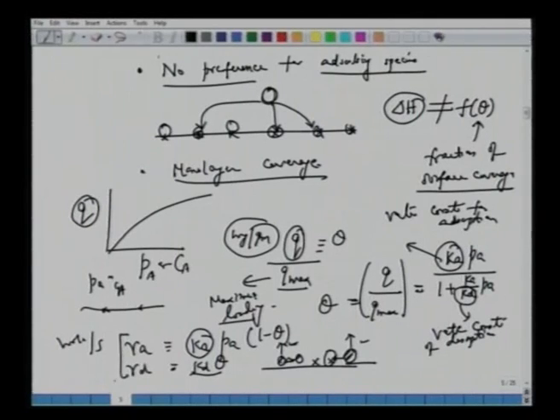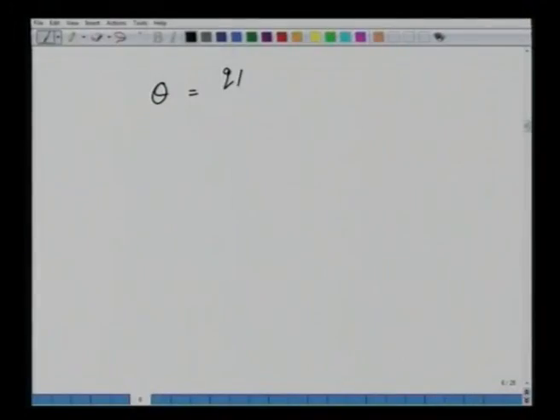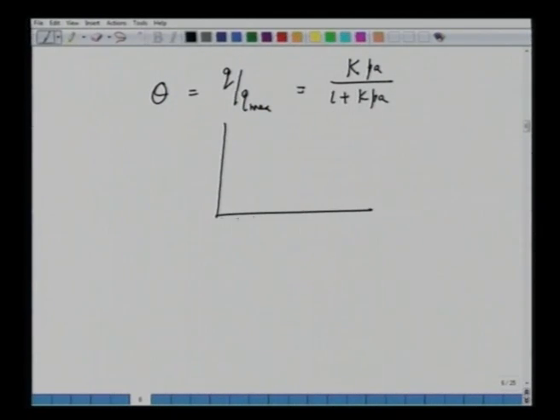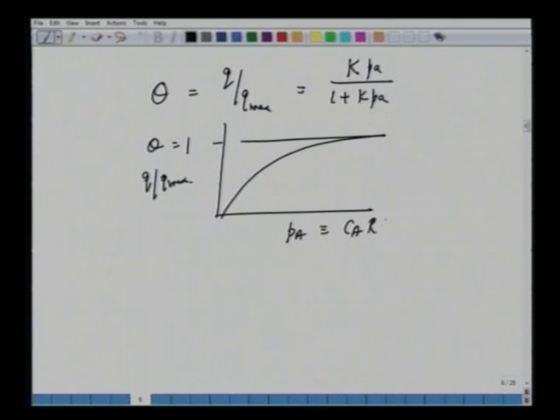So when you equate these two, you will get these expressions, and we have theta given as Q over Q max, and this will be equal to K Pa over 1 plus K Pa. And then we can plot this Langmuir isotherm. Theta here will be 1, or we are plotting Q over Q max, and here we have this partial pressure Pa, which you can also write as Ca RT.